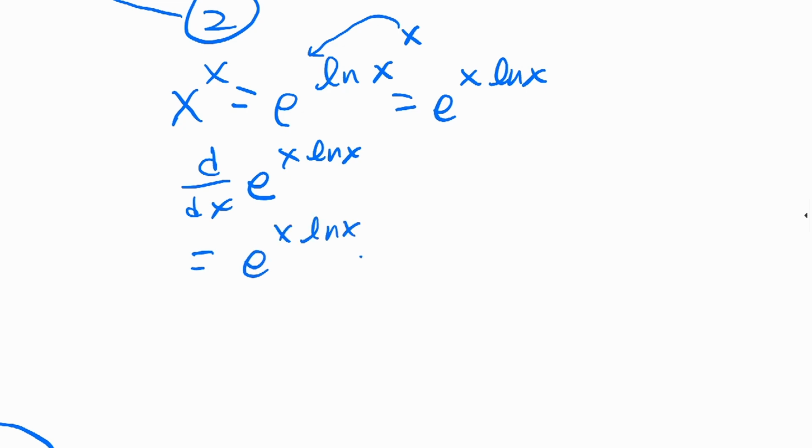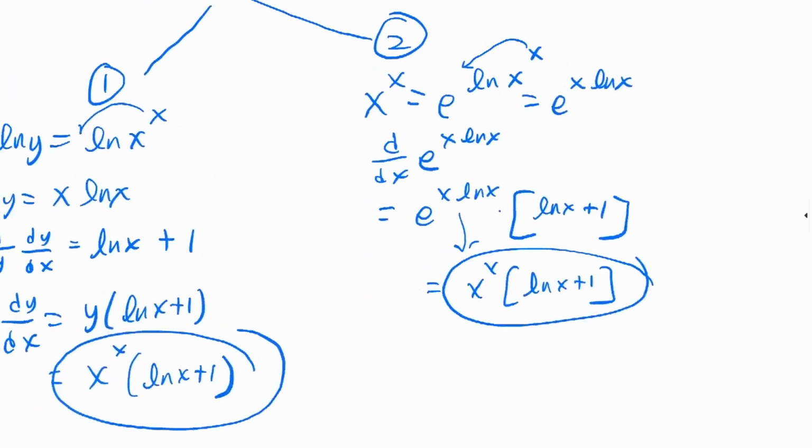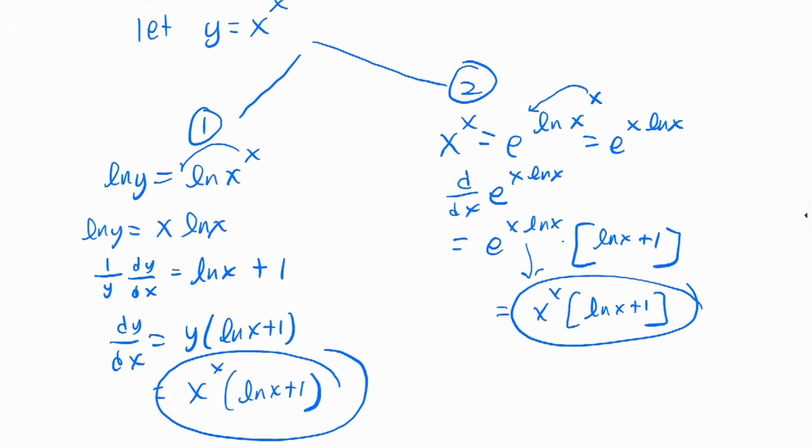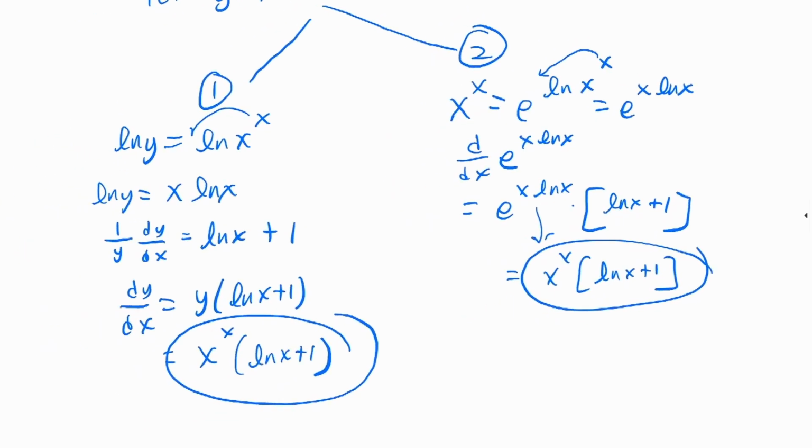And now we just need to do a chain. What is the derivative of x ln x? We know that's just going to be ln of x plus 1. And from here, obviously, we can just transform this back to x to the x times ln of x plus 1. And we get the same result. So two different ways. One's using implicit differentiation and the other one is using exponent properties.